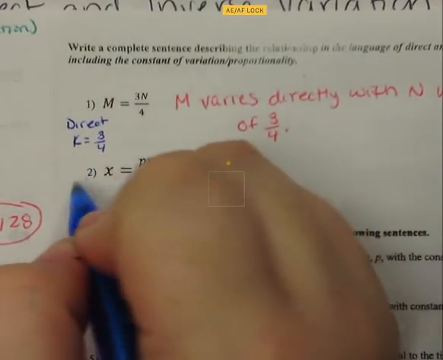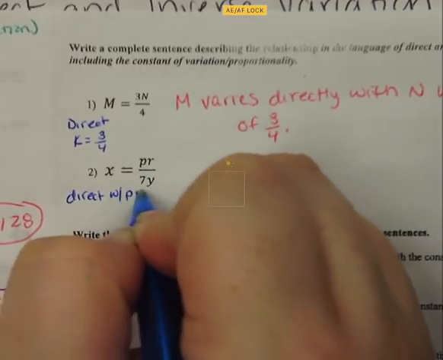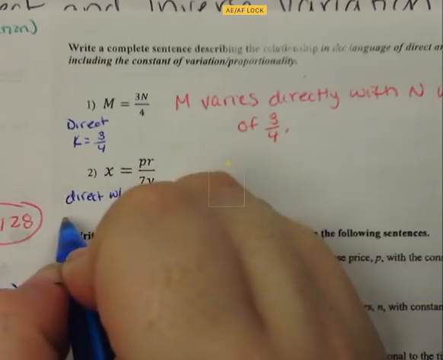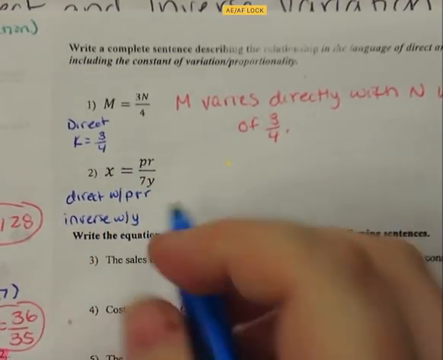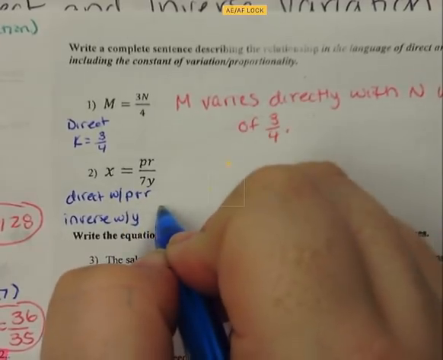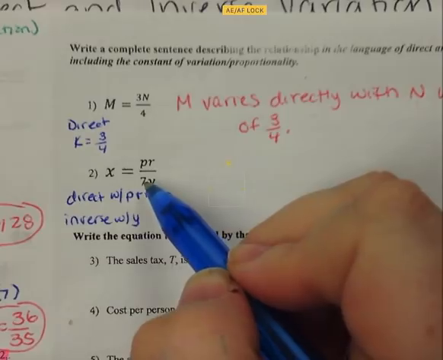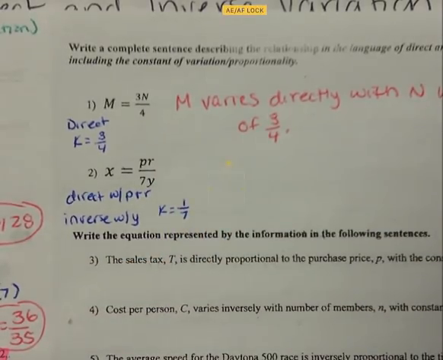So we would say direct with p and r. But then y is on the bottom, so that's an inverse. So we would say inverse with y. We also need to find our constant. So we can go ahead and put k equals. Our top number is 1. Our bottom number is 7. So k is equal to 1 over 7. Gotta be careful about that k.